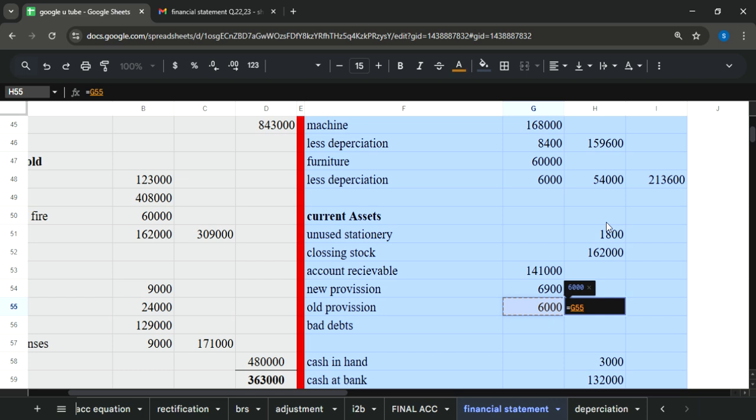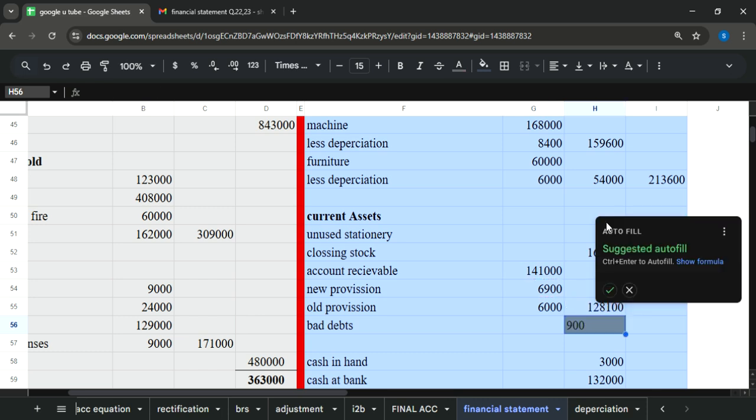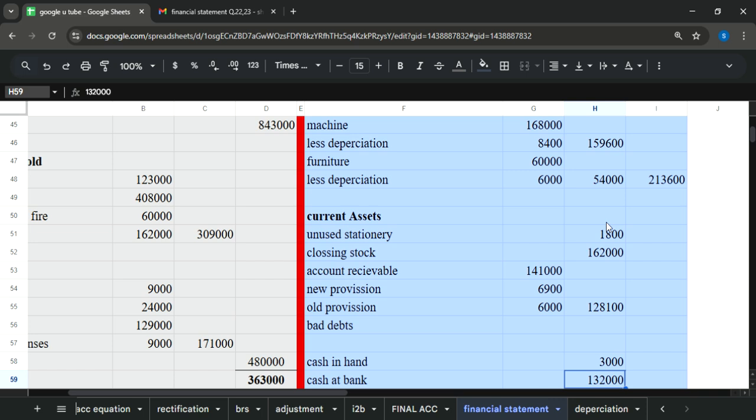Here please understand what you will do. Sundry debtors minus, in brackets, new provision, add old provision, or less bad debts, but bad debts are not present over here, and we have got the final answer of debtors.